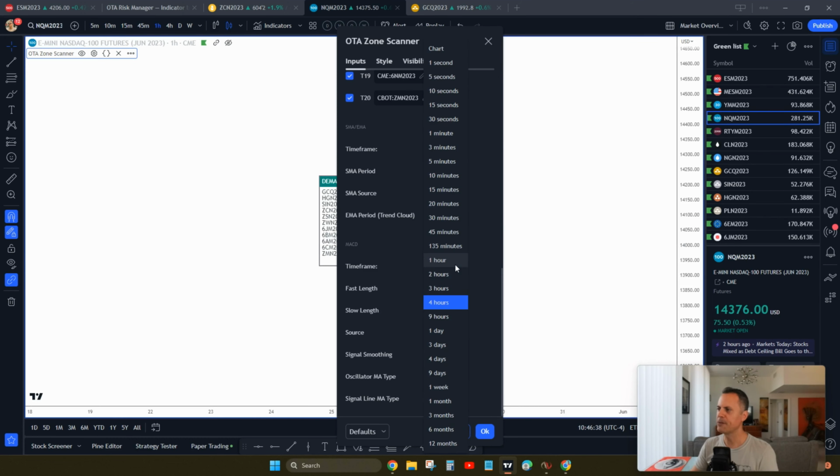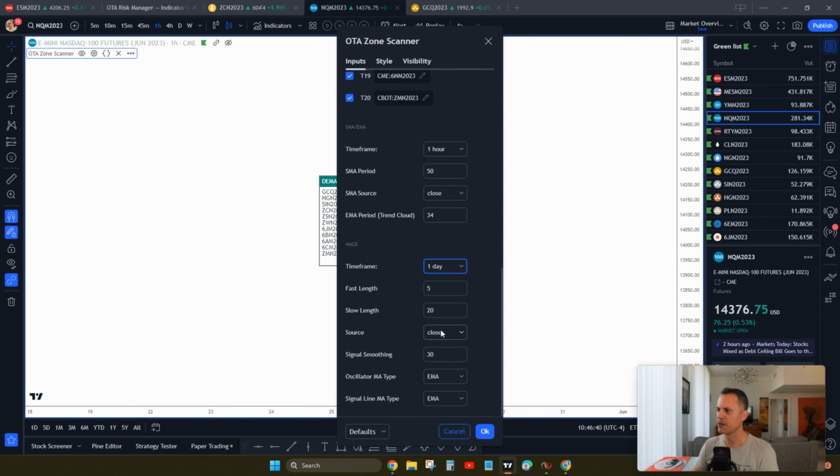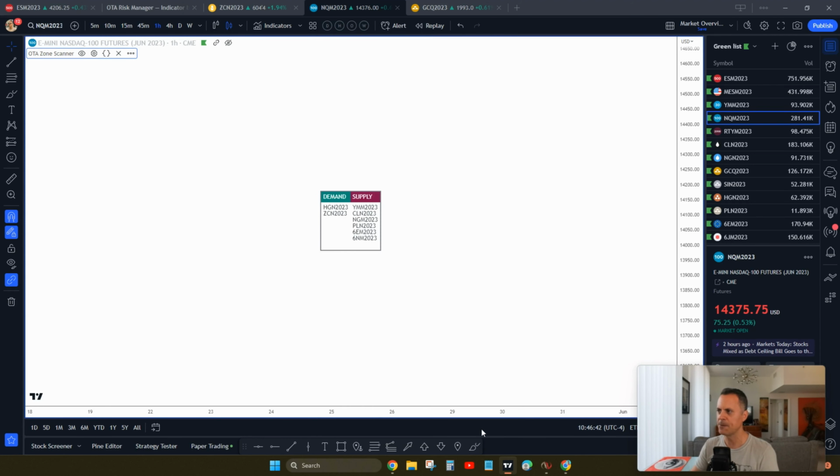Look what happens if we put the daily chart on here as our highest time frame. See, we only have that crude oil on here. So the zone scanner is telling you the supply zones that have a perfect 10 out of 10 on the point system are going to be on the daily chart and the 1 hour chart. If you want to trade the daily and the 1 hour, these are the contracts you're going to use.